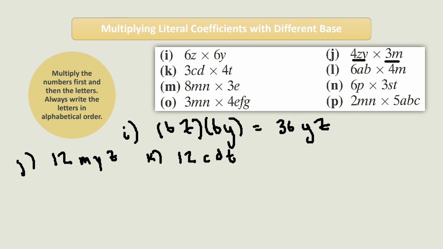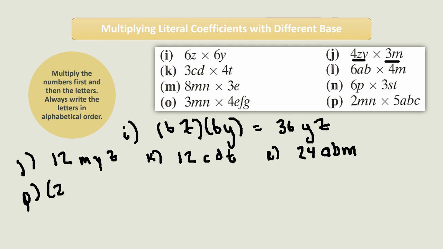Okay, so for L, we have 6AB times 4N. So 6 times 4 gives me 24. We have an A, a B, and an N. So alphabetical order is pretty much done for us. Let's just pop down to example P. So we have 2MN times 5ABC.